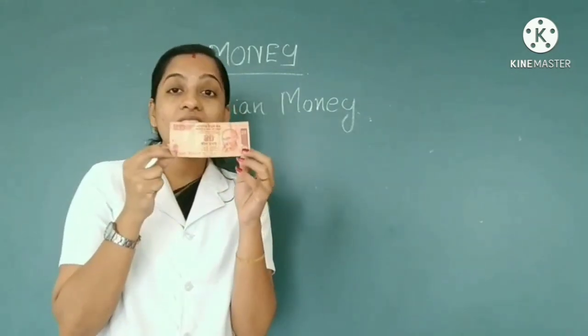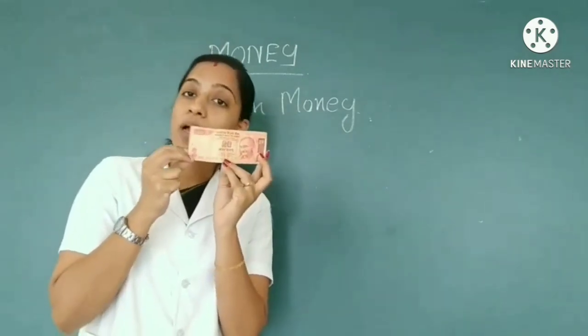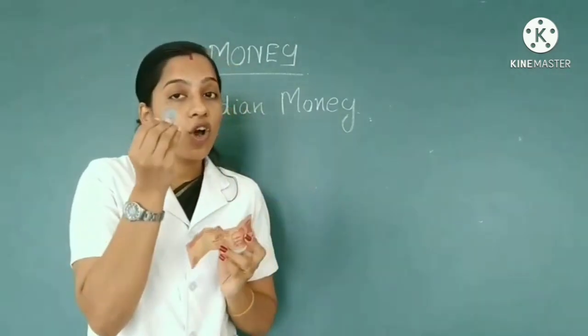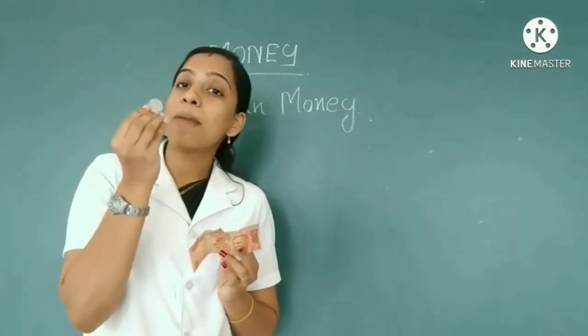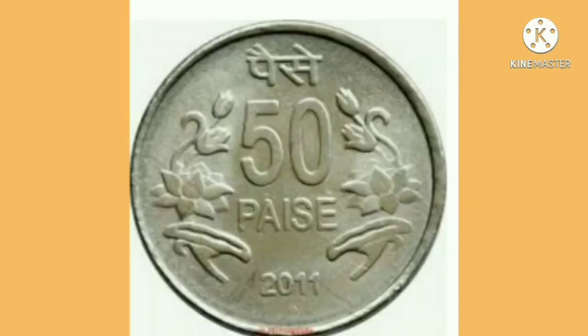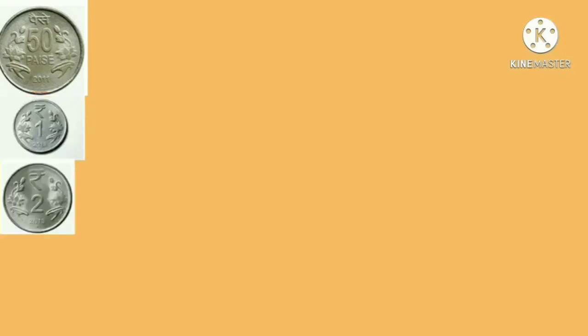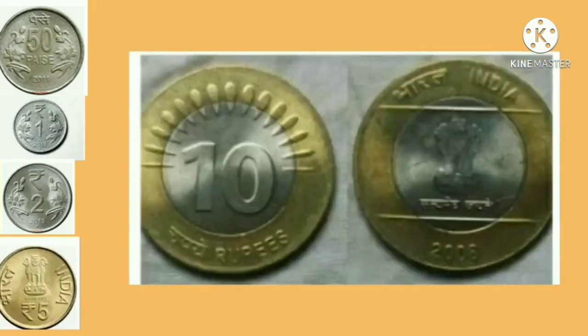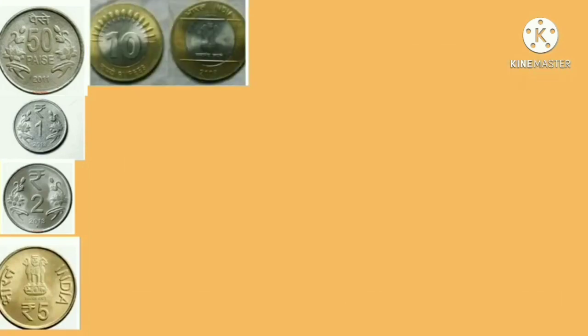See children, this is a note. It is made up of paper, whereas this is a coin. It is made up of metal. First, let us see the coins that we use in India. 50 paise coin, 1 rupee coin, 2 rupee coin, 5 rupee coin and 10 rupee coin. Next, let us see the notes that we use in India.